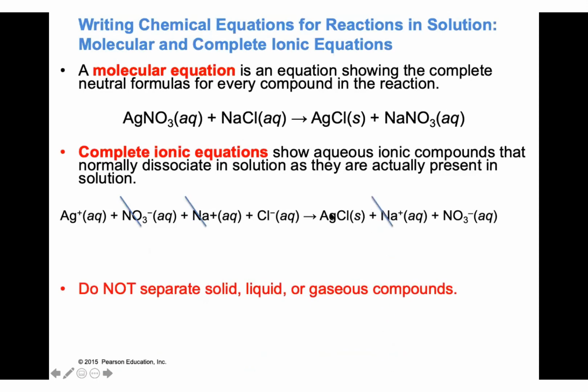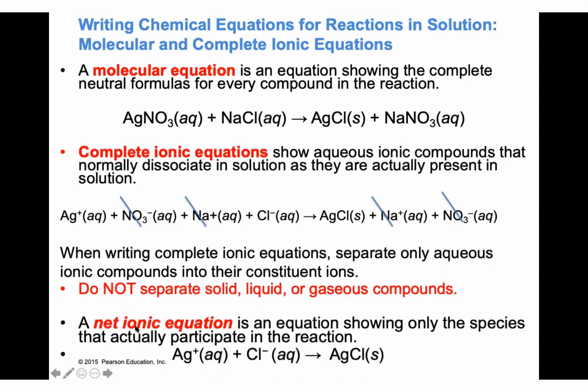Nitrate is on both sides, so we cross it out. We cross out the ones that are the same on both sides. I'm also going to cross out the sodium here. So what remains? Ag plus, Cl minus, and AgCl.